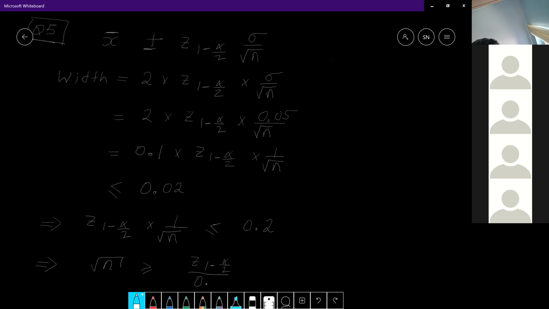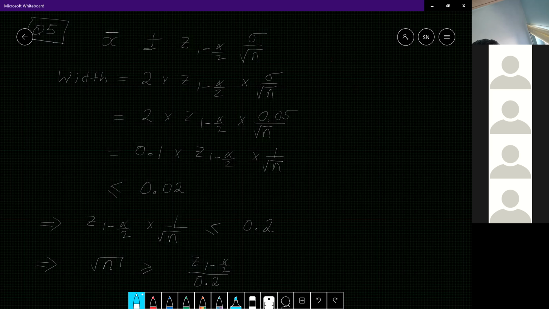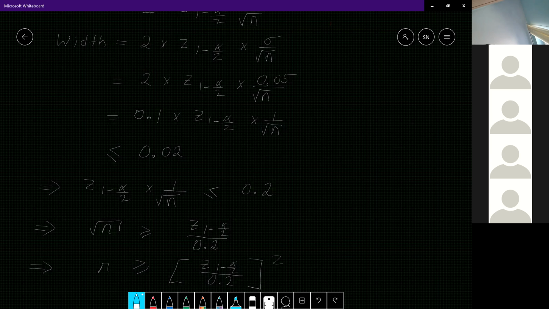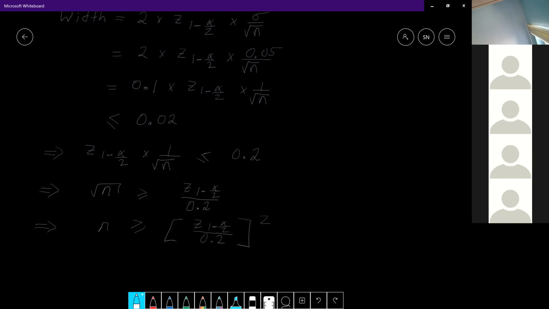So in other words, n must be greater than or equal to the square of this. This is the solution for n.